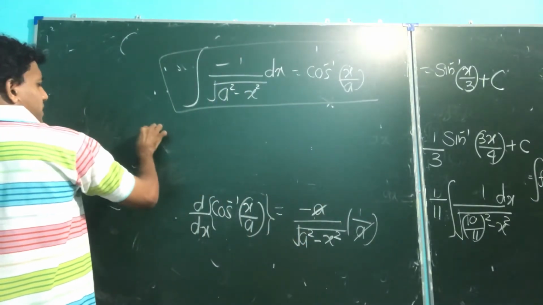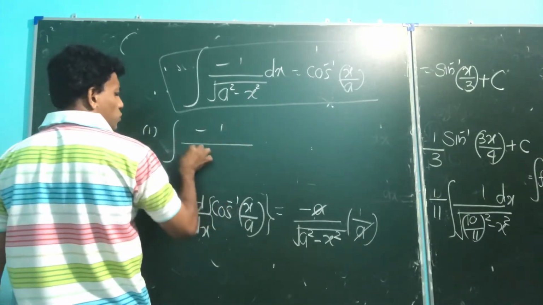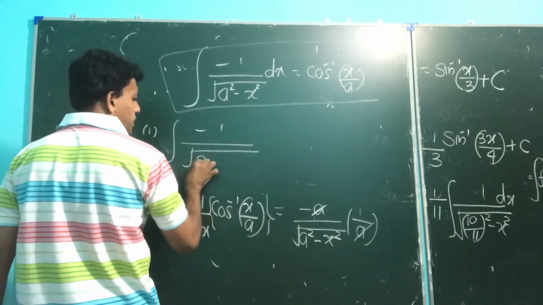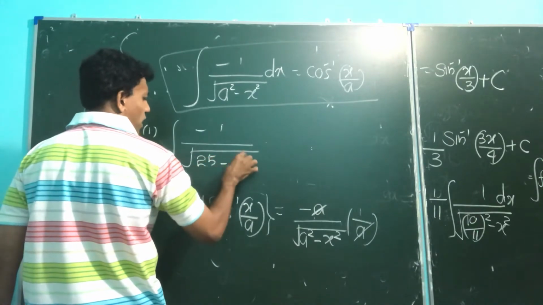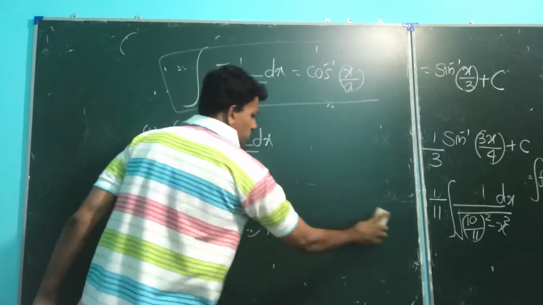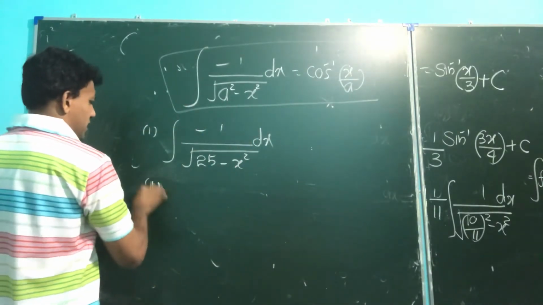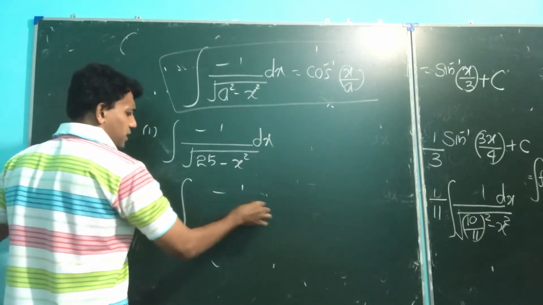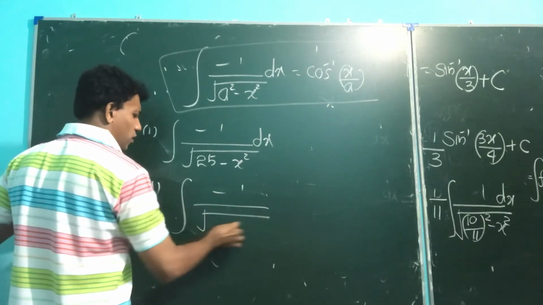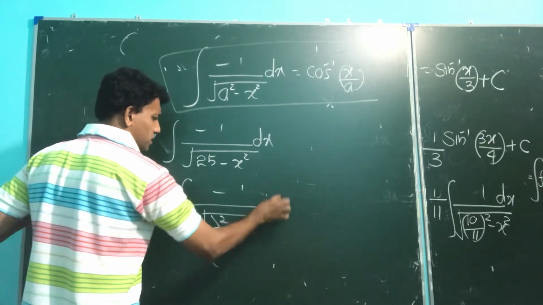We'll see a couple of examples. Example 1: integral of minus 1 over square root of 25 minus x square dx. And example 2: integral of minus 1 over square root of lambda square minus x square dx.